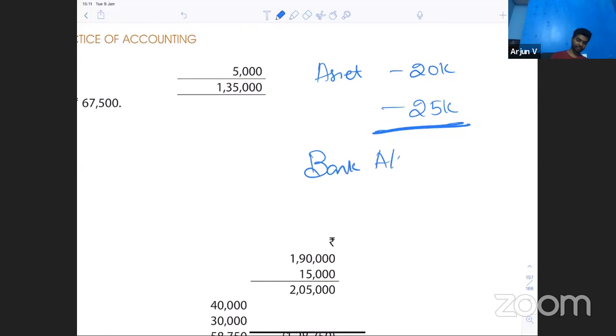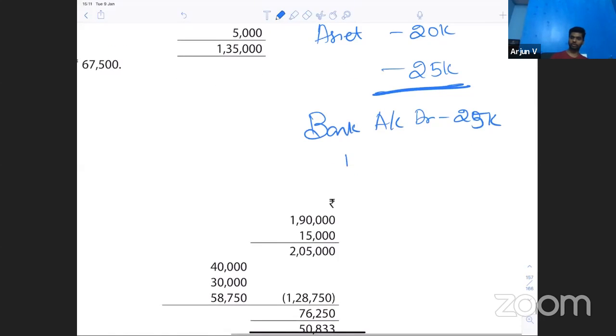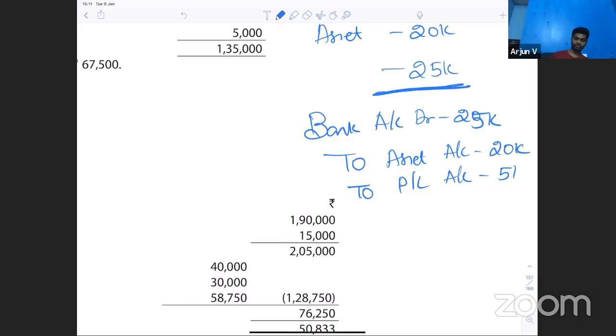Bank account debit 25,000, correct? Bank account debit 25,000 to asset account 20,000, to profit and loss account 5,000. Yes or no?